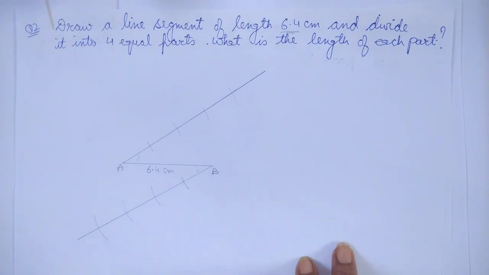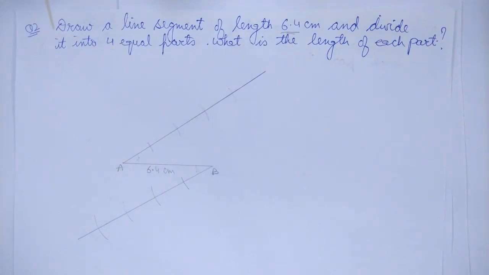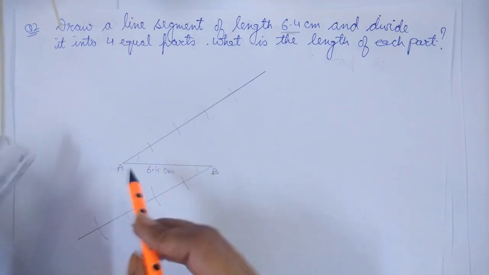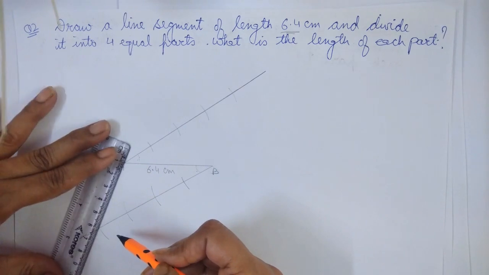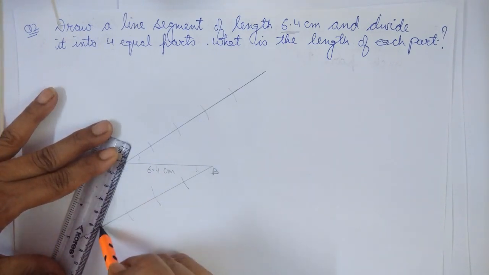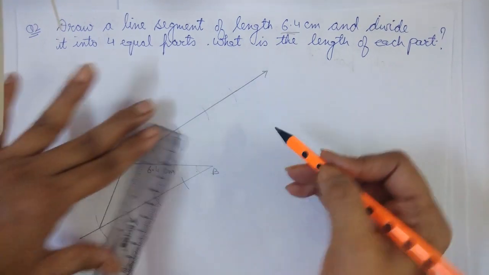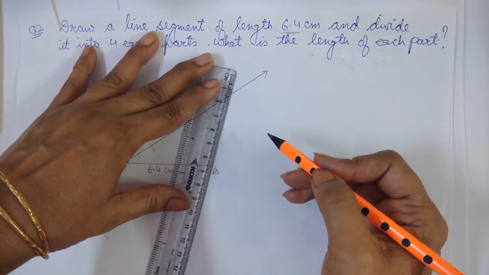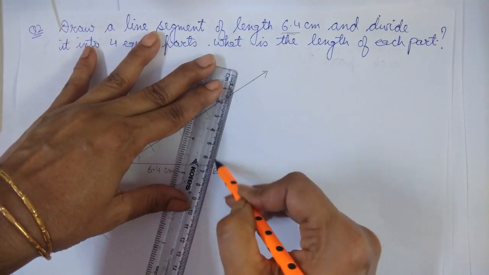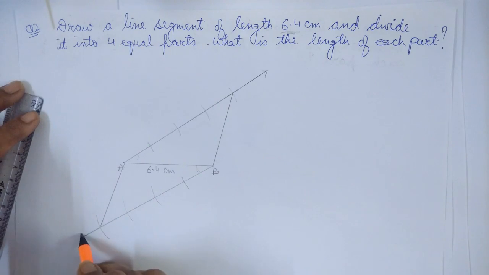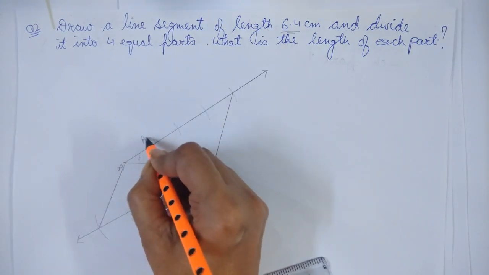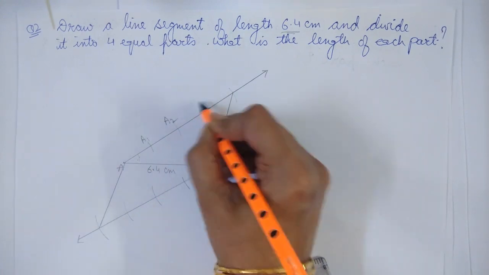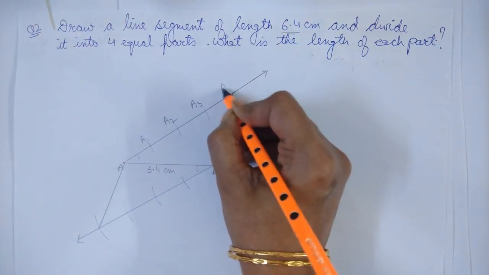Now the question is, divide it into 4 equal parts. So same step you have to follow. Point A you will join with the last arc like this, and point B you will join with the last arc. Now name these as A1, A2, A3, A4.